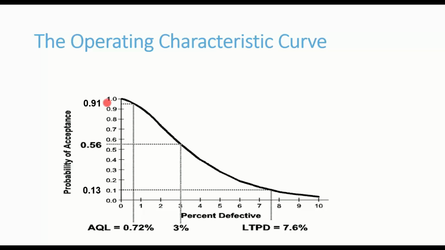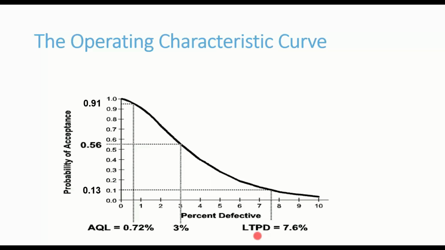OC curves are generally summarized by 2 numbers, as we were saying, the AQL and the LTPD, which is also, what is it, the RQL, and the other one. See, I'm even forgetting, but there's 3 of them. So the AQL is the percent defective with a 95% chance of acceptance.